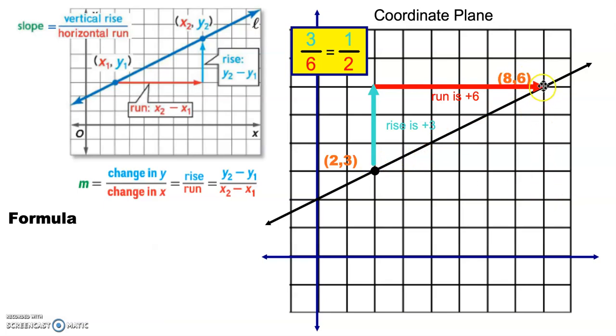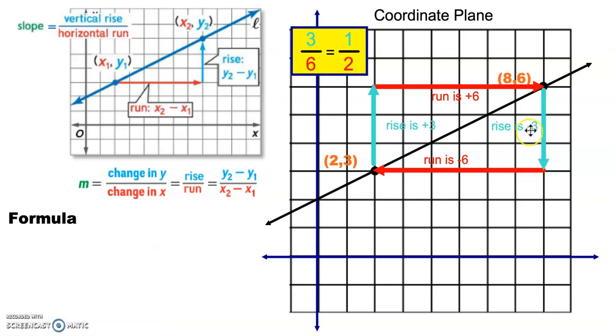So if I start at this point, I could go down. So this time my rise is -3 because I'm going down. So I've counted 1, 2, 3 boxes down. Now I'm going to count over to the left. 1, 2, 3, 4, 5, 6 to the left, which makes the run value -6.